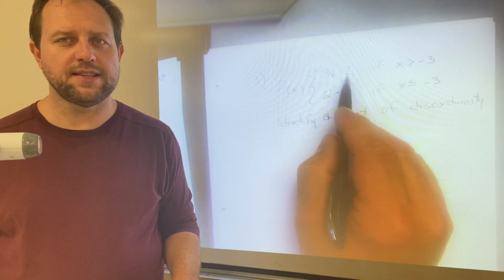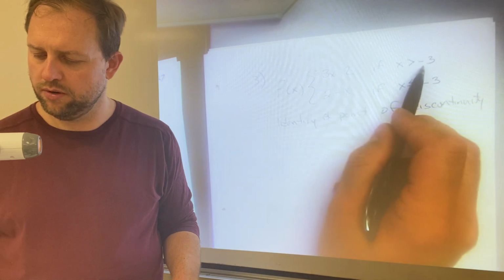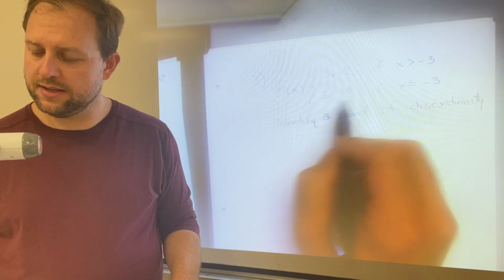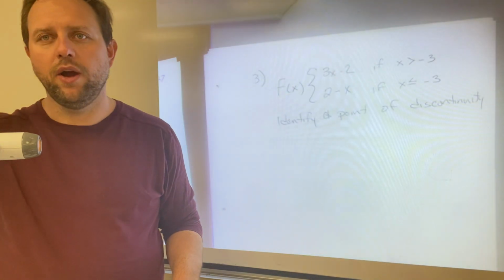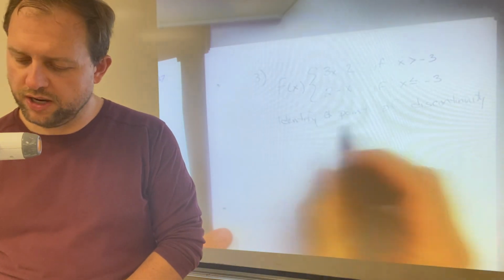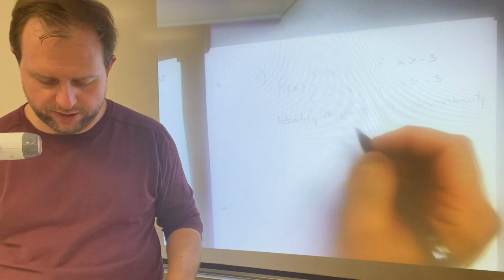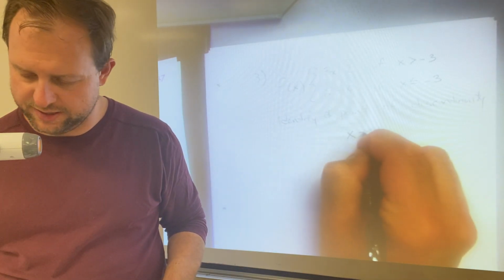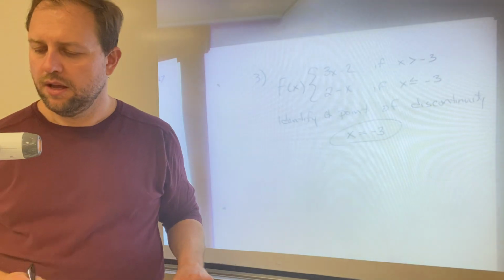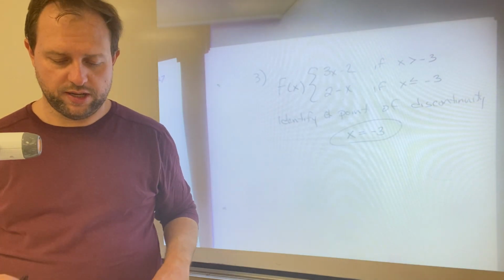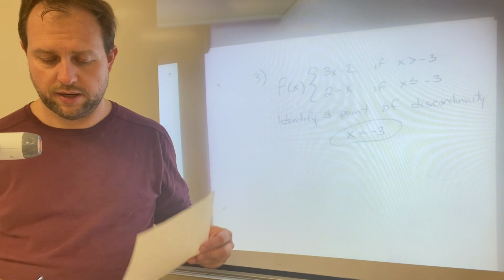Because this is going to be a nice solid line until we get to negative 3, and this is going to be a nice solid line from negative 3 on. But the point at which we change functions is going to be our point of discontinuity. So the point is at x equals negative 3. That's where we change from one function to the other, and the function is no longer continuous.